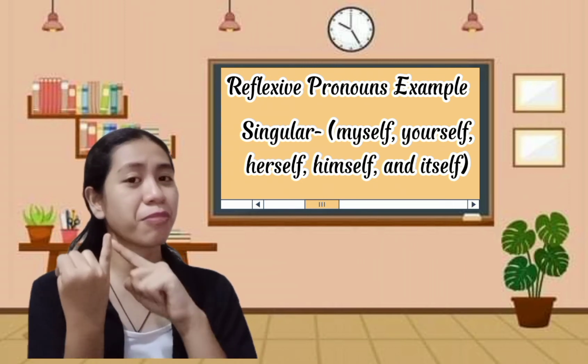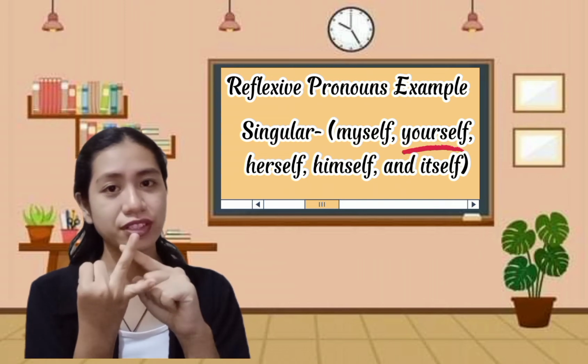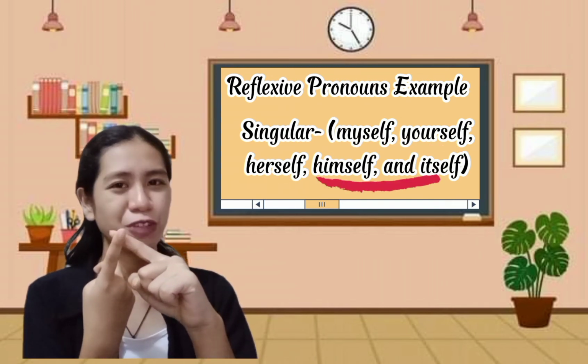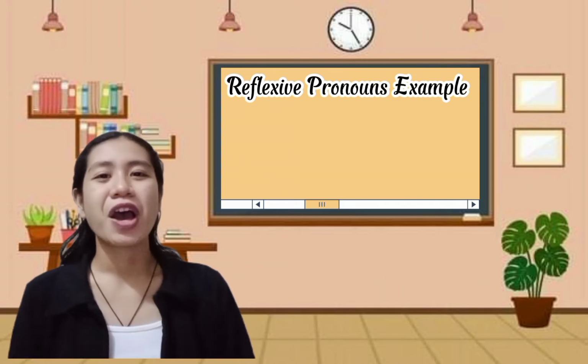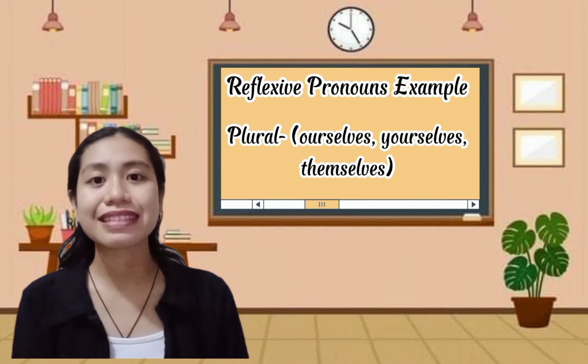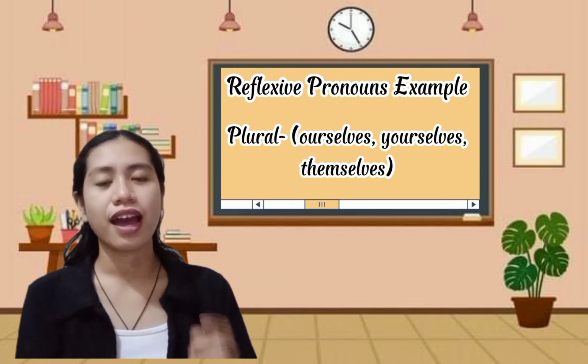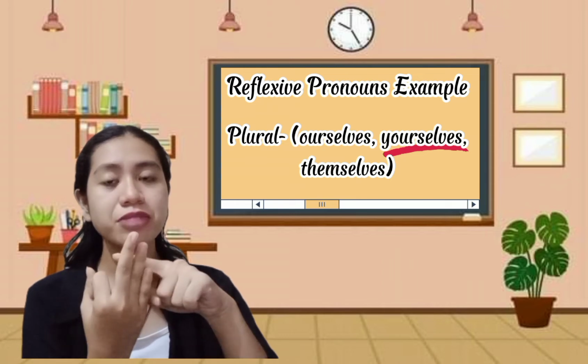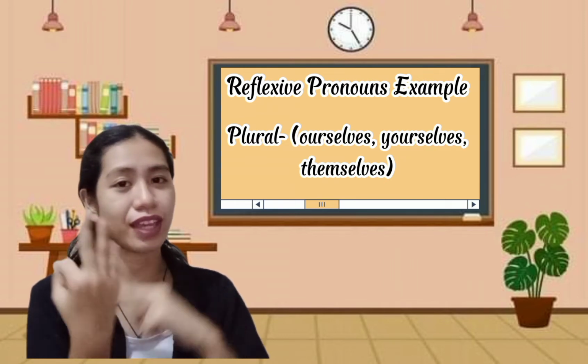The first one is myself, yourself, herself, and himself. And plural reflexive pronouns end with selves, like ourselves, yourselves, themselves. Do you get it, class?